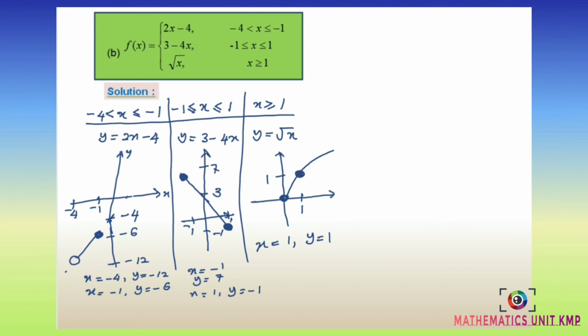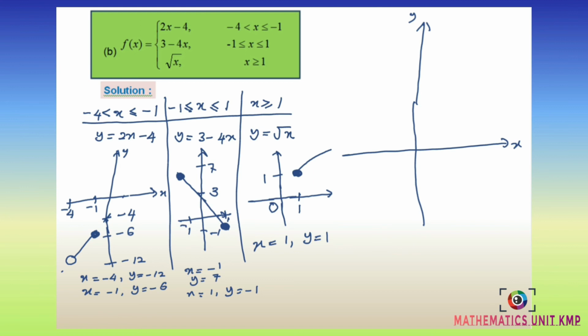You can erase the unrelated line. Now we have the three separate graphs, and we can combine them into one axis.